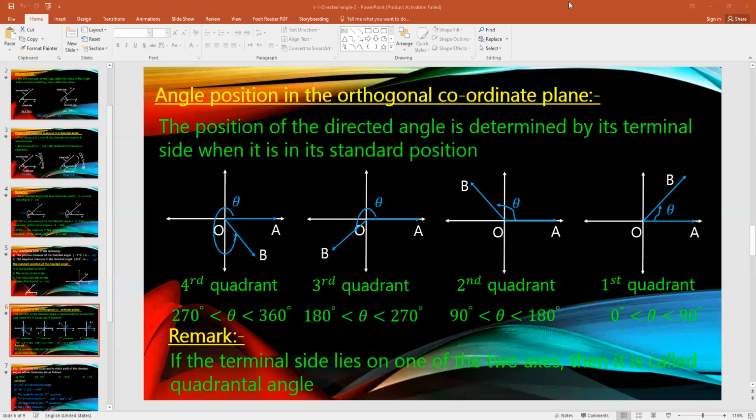Here, this angle will be negative. Why? Because the initial is BC and terminal BA, and the direction of the rotation is clockwise. Clockwise means the angle will be negative, and this angle will be positive.